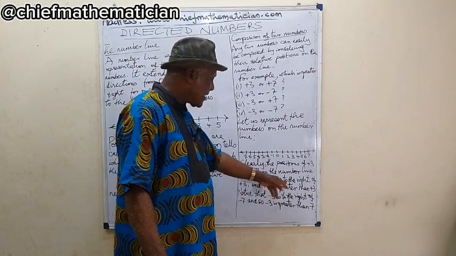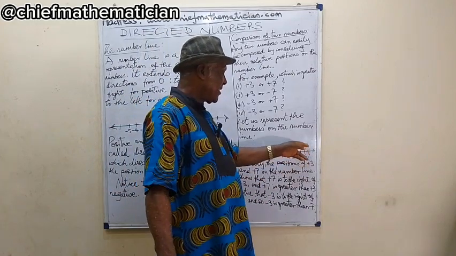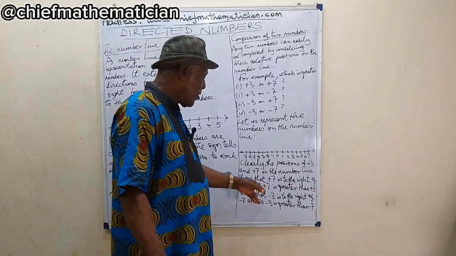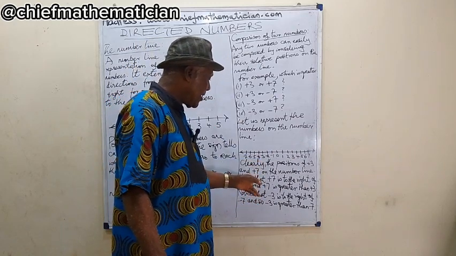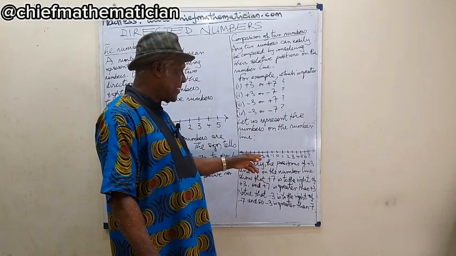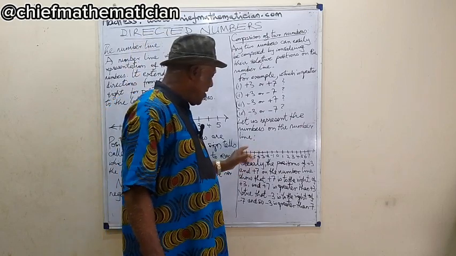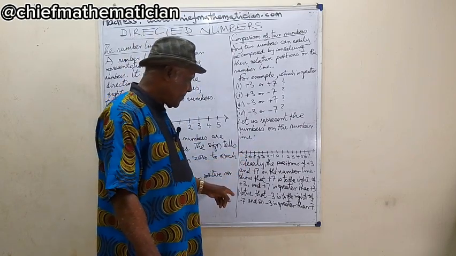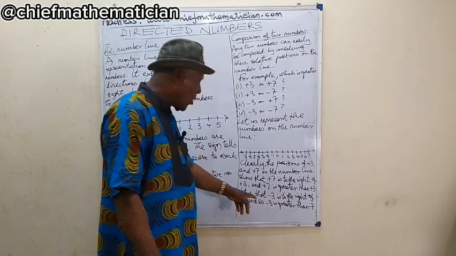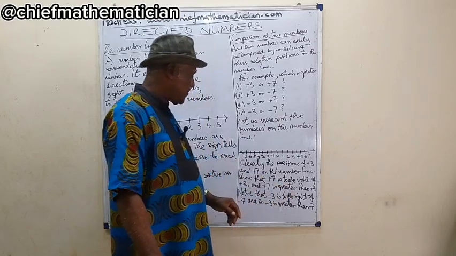And plus 7 is greater than plus 3, of course. Notice that minus 3 is to the right of minus 7. Look at minus 3. Look at minus 7. Minus 3 is to the right of minus 7. And so, minus 3 is greater than minus 7.